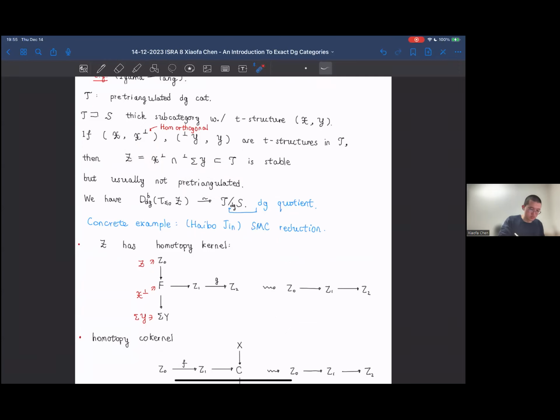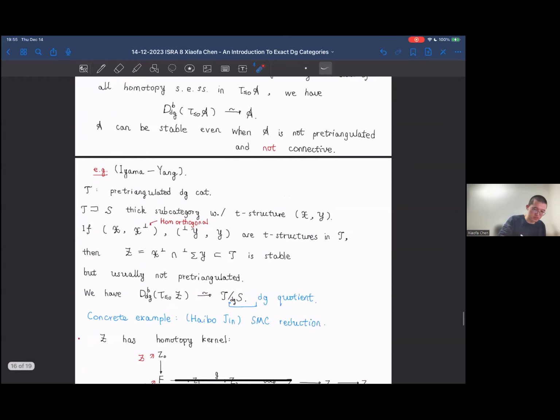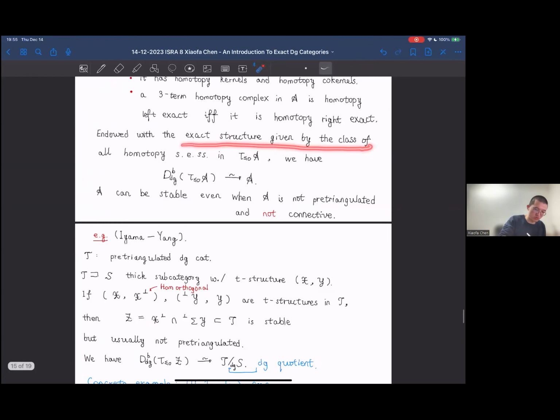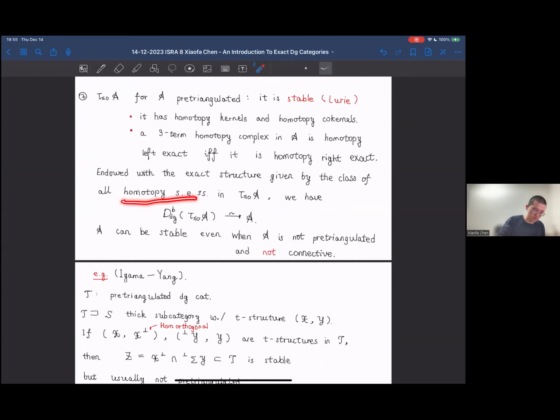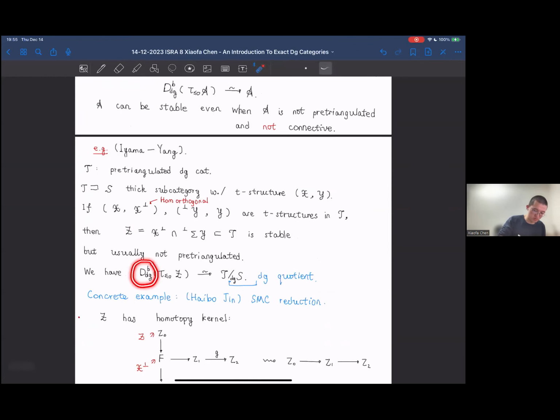And we take this exact structure, because it is stable here, and we take the class of all homotopy short exact sequences in Z. Then its bounded DG derived category is this DG quotient.